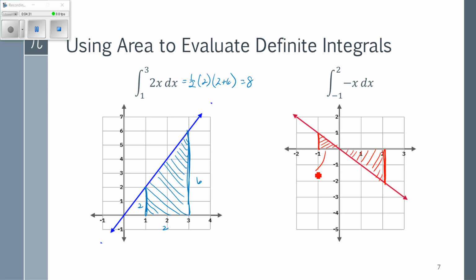So one region, I'm above the x-axis, so it's going to be exactly the same as the area. I'm going to have a 1/2 times 1 times 1. But then I'm below the x-axis, so even though my area is a positive 1/2 times 2 times 2, I want the negative of that when I add it up for my definite integral.